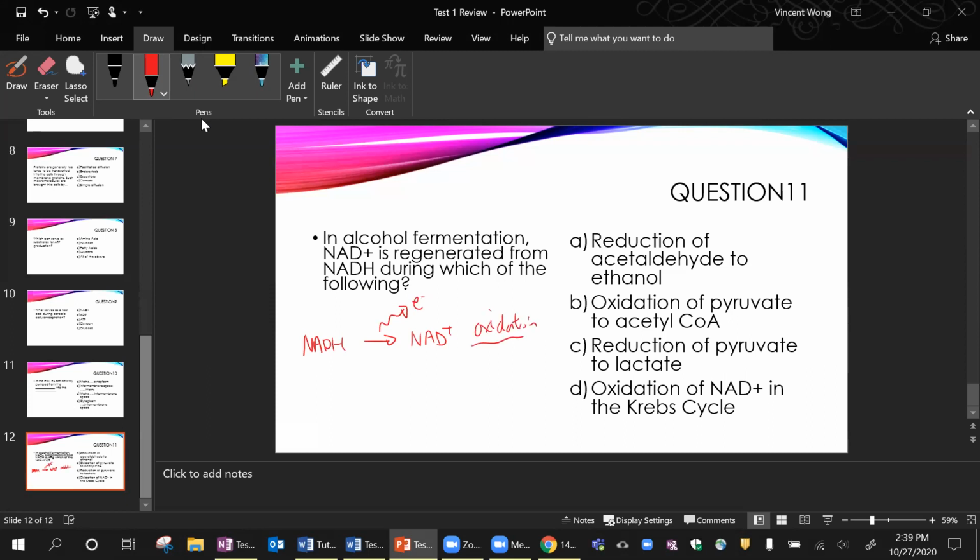Then that means whatever else is happening has to be a reduction reaction. So it's either A or C, okay? And this is talking about alcoholic fermentation and not lactic acid fermentation. So that's why the answer is going to be A, okay?